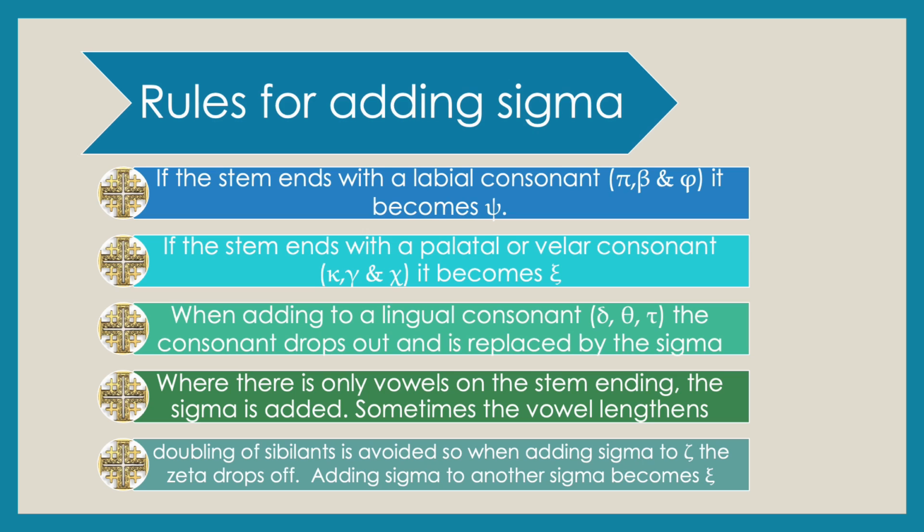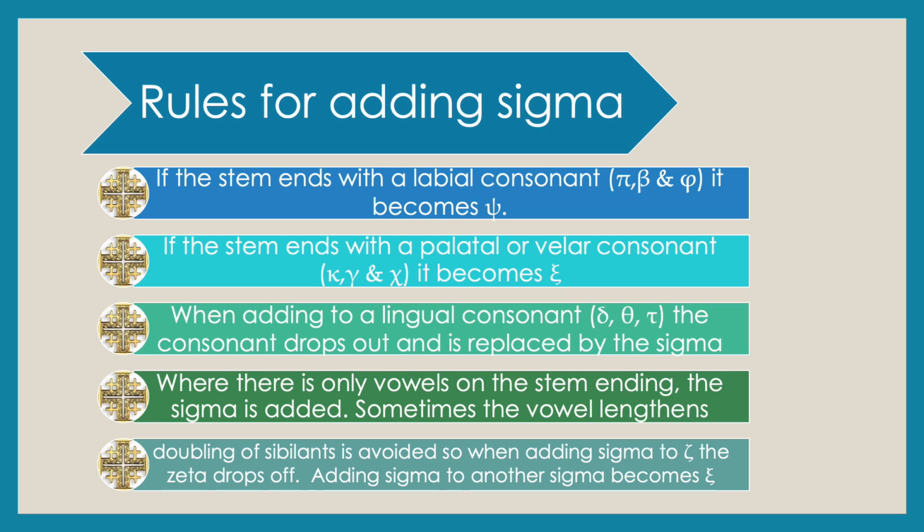If the stem ends with one of the labial consonants, those are the ones said from your lips, p, b and f, then it's going to become a psi, ps sound. If the stem ends with a palatal consonant, also sometimes called a velar consonant, which is said from the palate of your mouth, like k, g and chi, then it becomes ksi.